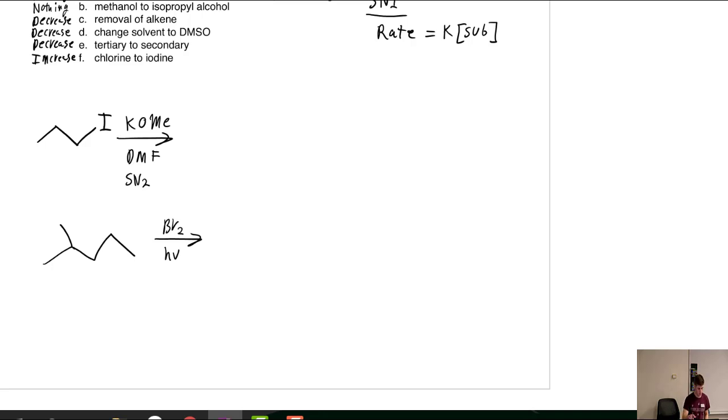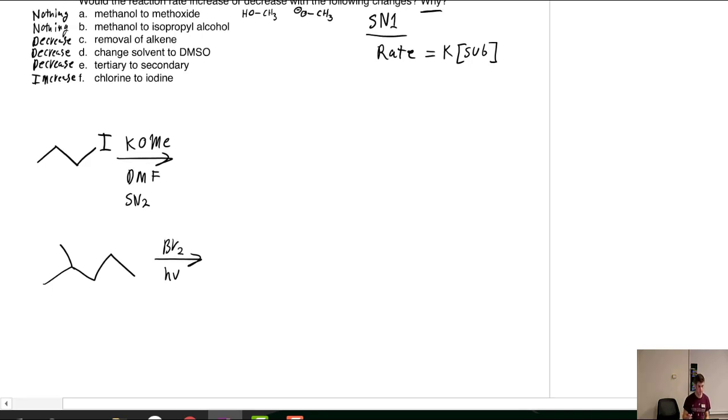Okay, so going through this first one here, it's saying it's SN2. KOMe is just methoxide again, potassium methoxide. So I can redraw this guy here as O minus CH3. Now it's SN2, so it's going to backside attack because we have a good leaving group here with a delta plus on this carbon, delta minus over here.